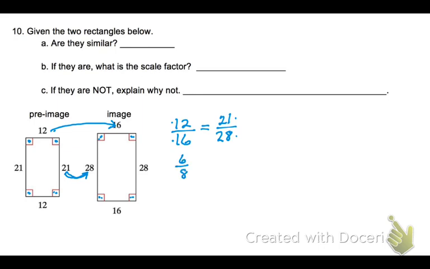Divide again by 2, and that gives us 3 over 4. Let's divide 21 by 7, and we're going to get 3. And 28 divided by 7 is going to give us 4. 3/4 equals 3/4. Yes, they are similar. And the scale factor is 3/4.